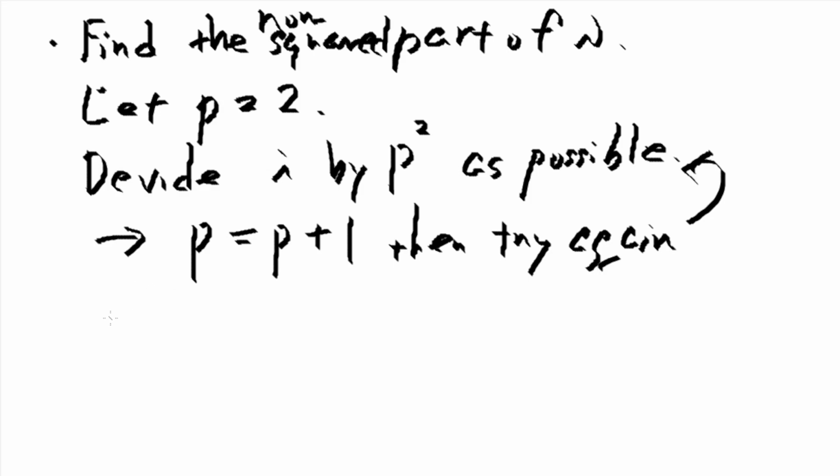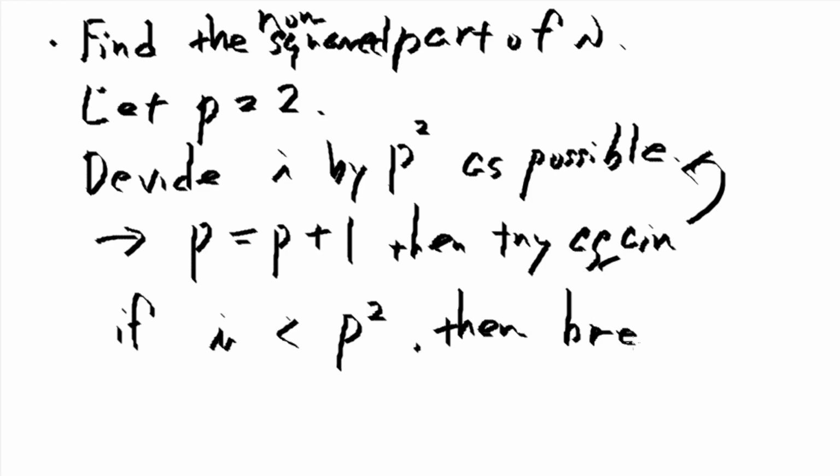But if i is less than p squared, then i is never divided by p squared, so break the loop.